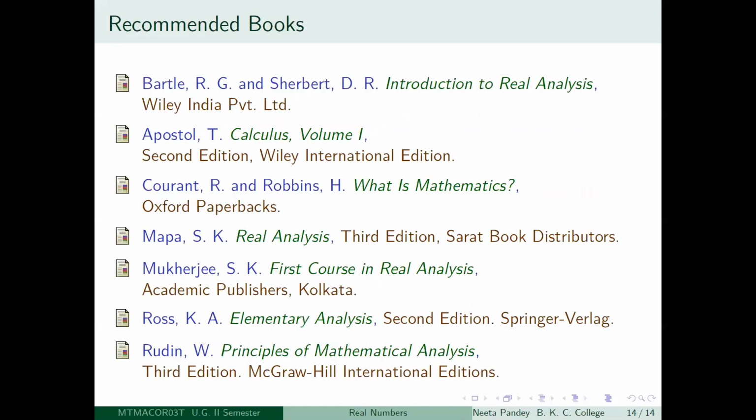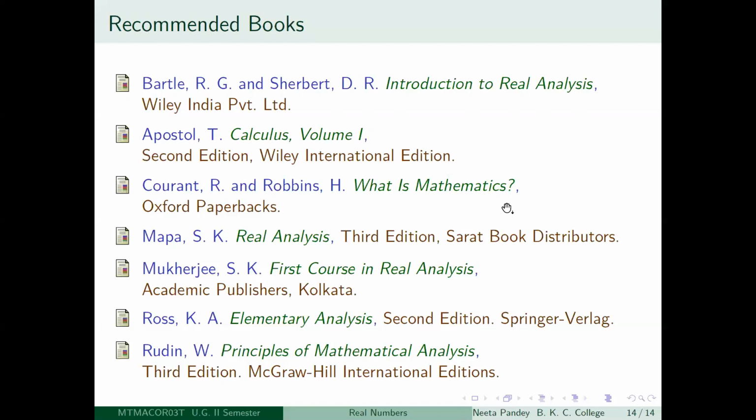Okay. In the last lecture, I had talked about all the books which I have referred to and which I had suggested that you look at, except that I forgot to talk about Courant and Robbins's book, What is Mathematics?